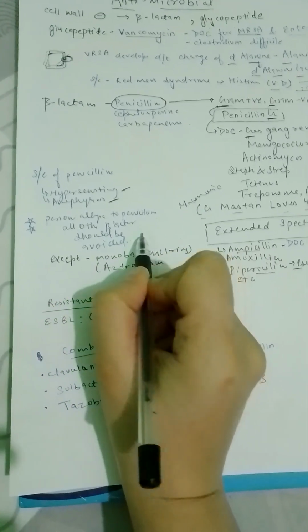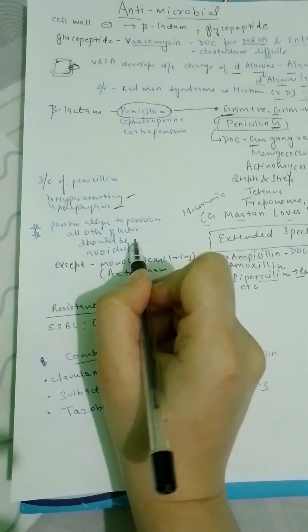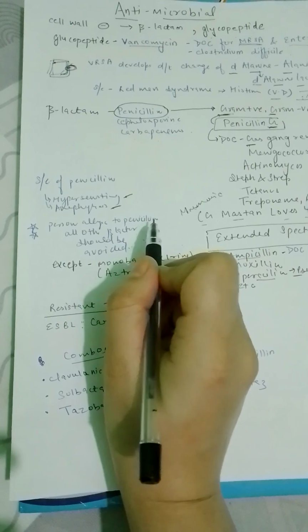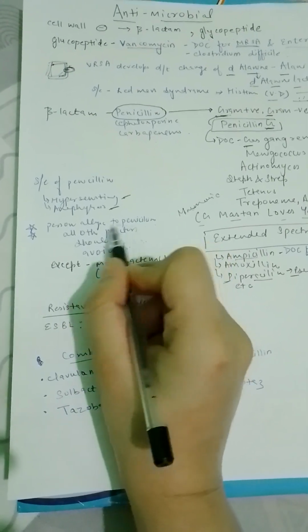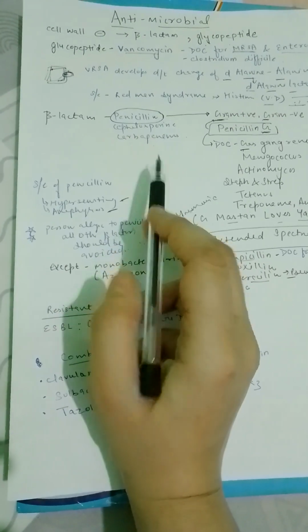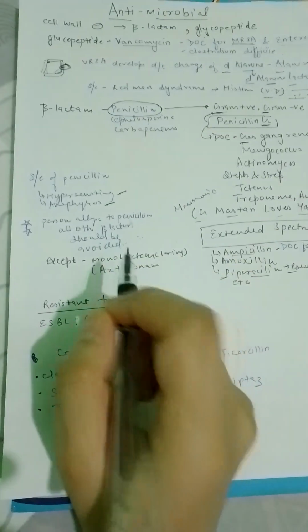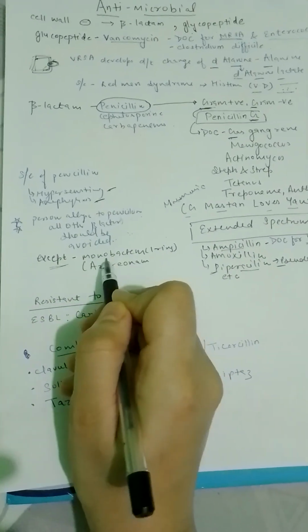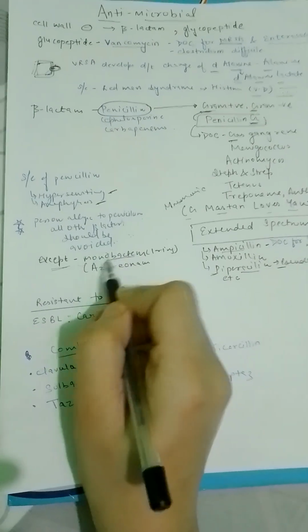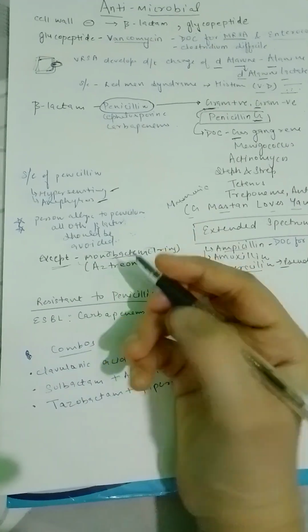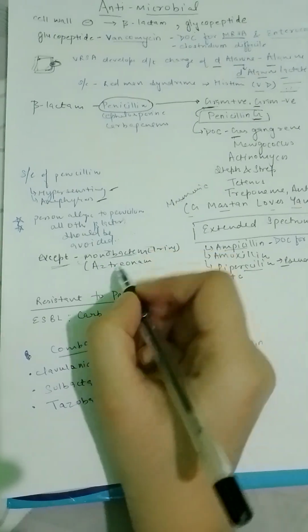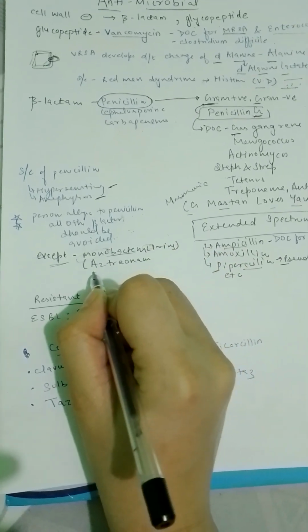Like we should avoid cephalosporin and carbapenem. Except the monobactam, because in monobactam there is only one ring, so that will not react, and the medicine is aztreonam.